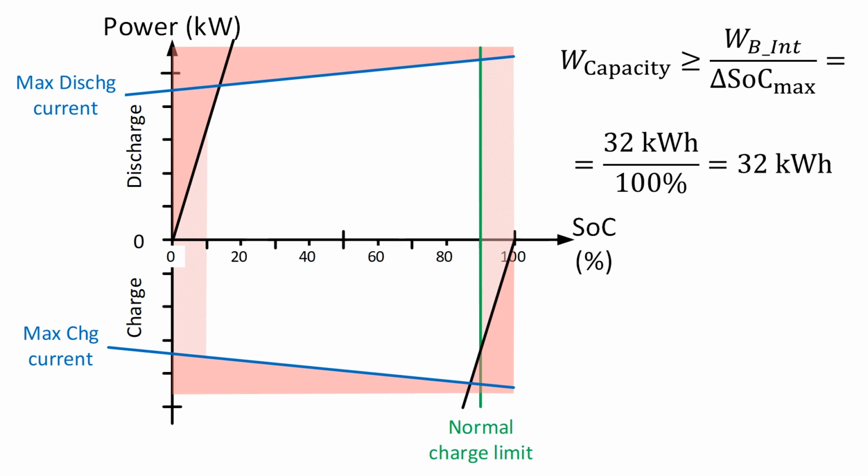With a 100% usable state of charge window, it's sufficient with a battery energy capacity of 32 kWh to meet the range requirement. Notice that we have not included any aging effects or effects of low battery temperature. This is because the specified range assumes a new battery under normal conditions, and that range is not guaranteed when the battery is aged or it's cold.